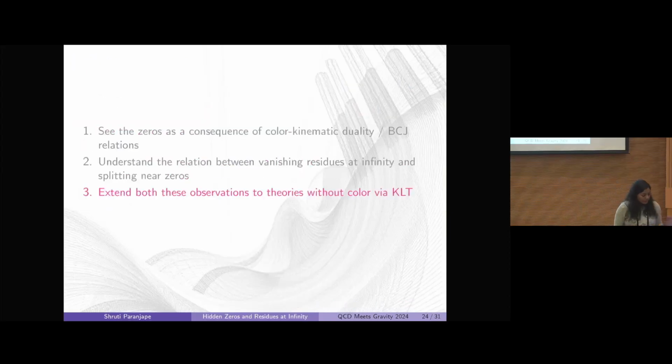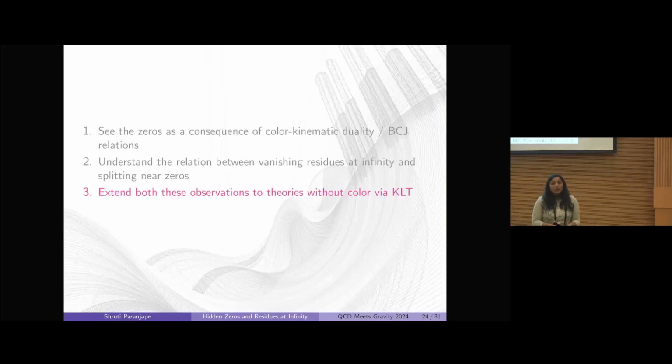Okay, so in the last few minutes, let's try and put all of these facts through the KLT relation so that we can say something about uncolored theories. And as Yaroslav already motivated for you, uncolored theories are a part of theory space where positive geometries have not been able to go.